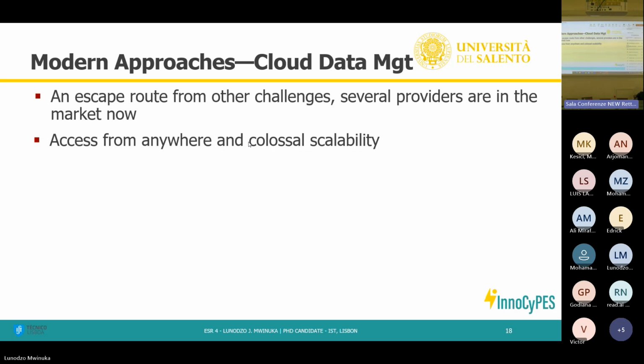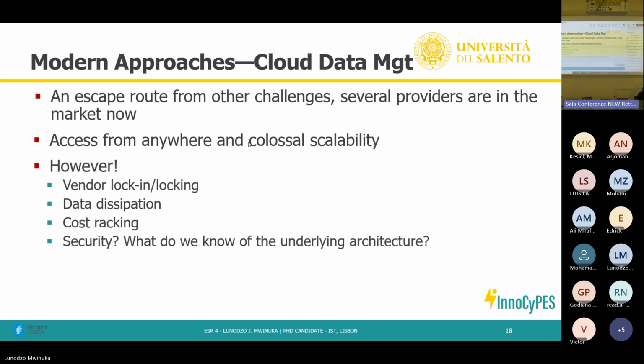Because managing resources is up to the host. So you just dump that in the cloud and that's it. Now, this is considered an escape route from several providers, and it also gives you flexibility of accessing data, like you can access it wherever you are. In so many other implementations, it's very difficult to access data from where you are.